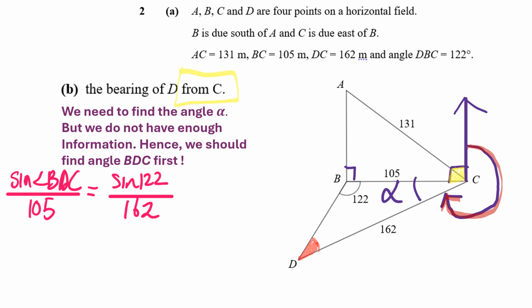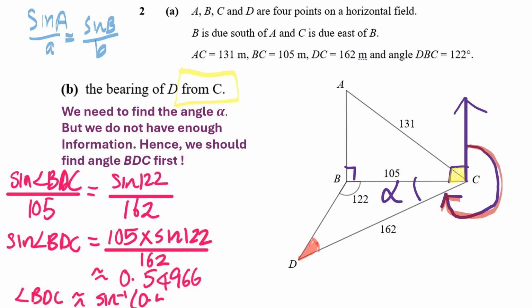Sine rule, if you have forgotten it, please do a recap, do a revision. So sine A over a equals sine B over b, right? Okay, so we can do a cross multiply, which is sine angle BDC times 162 will give you sine 122 times 105.